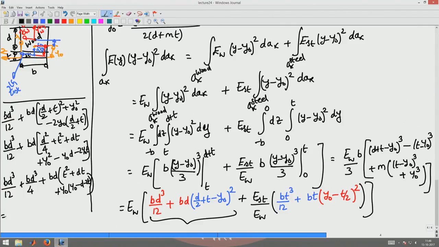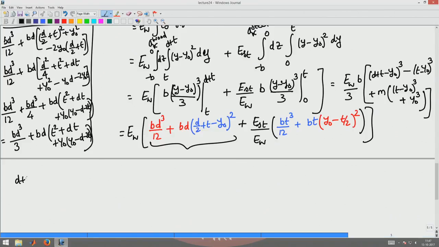So, this will be nothing but bd³/3 + bd(t² + dt) + y₀(y₀ − d − 2t). Now, let us expand the term (d + t − y₀)³ times b minus b times (t − y₀)³.